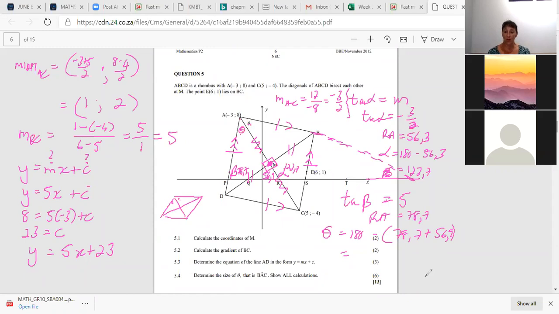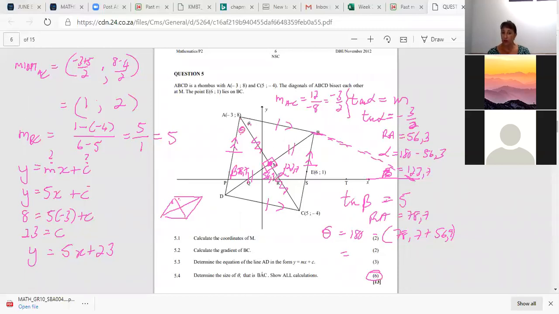All right, so that one was quite difficult, and it's 6 marks, right? So that's how you need to be thinking. And you need to think of all possibilities, okay? You don't look at this and go, oh, I can't find that. Move on to the next question. You look at it carefully and you say, well, how on earth am I going to find theta? Well, theta is next to this one. How would I find this one? It's in this triangle.